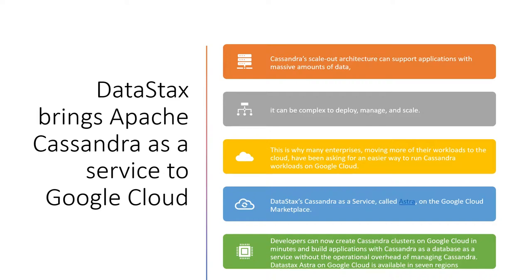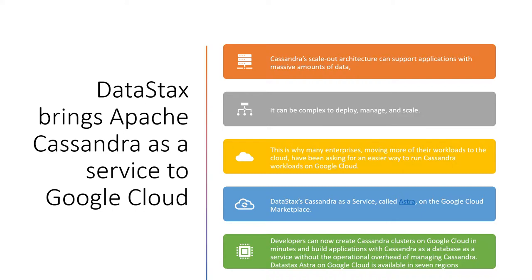Google has been a little bit behind when you talk about Apache Cassandra, because this is being offered by DataStax. These are vendors which come in and sell through the Google Cloud service provider.